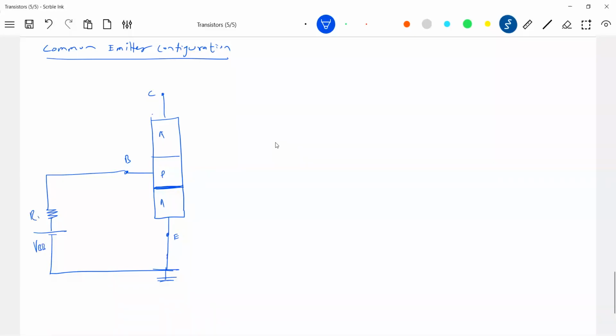I'll write it. This is RB. Why is the cell connected like this? Because the P type is connected to the positive terminal, and the N type to the other. What is the basic core idea? The base emitter junction is forward biased. The collector base junction should be reverse biased. Similarly, I should reverse bias this junction, so this N type should be connected to the P type of a cell.